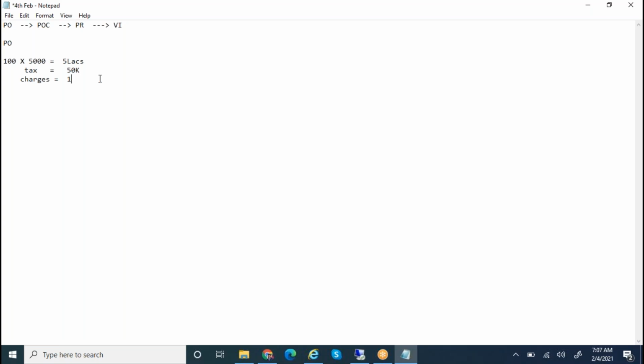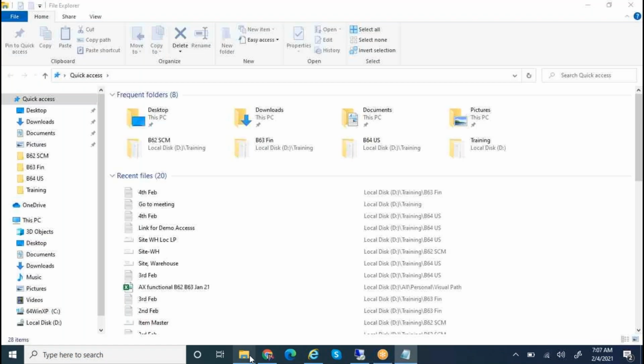All these things we have entered in the purchase order. Now during product receipt, it will update 5 lakhs. Only 5 lakhs will be considered. During the invoice, it will update 5.6 lakhs, because 50,000 plus this one makes 5.6 lakhs. It will be posted, and this 5 lakhs will be reversed. That's what we have discussed.